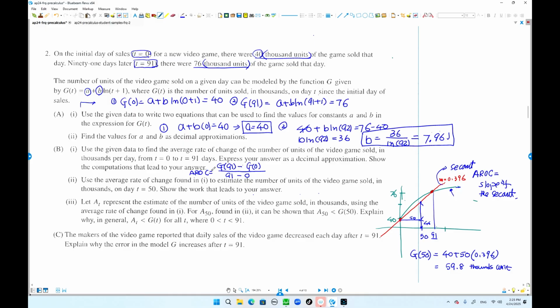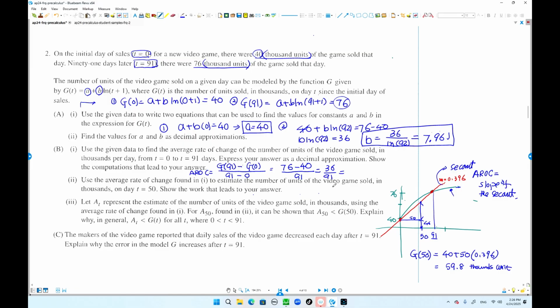We already got the answer for g(91), 76. The change in y is g(91) minus g(0), which is 40, over 91. That equals 36 over 91, right?